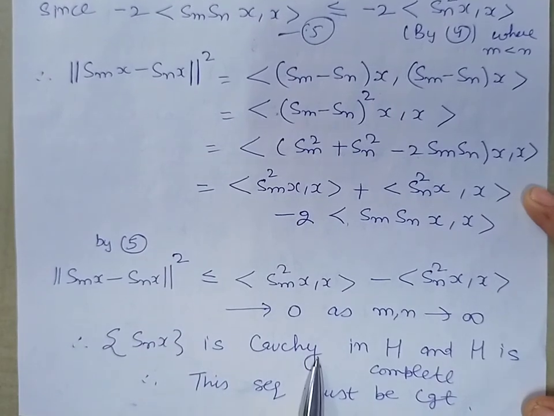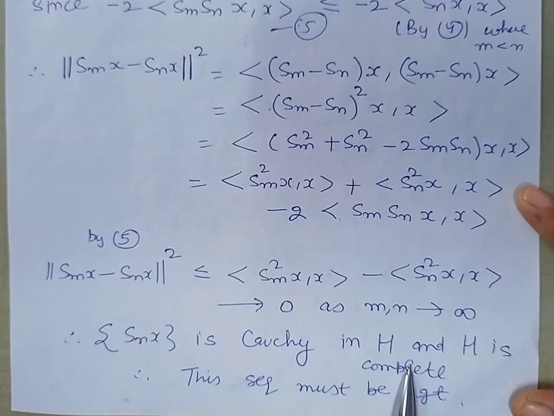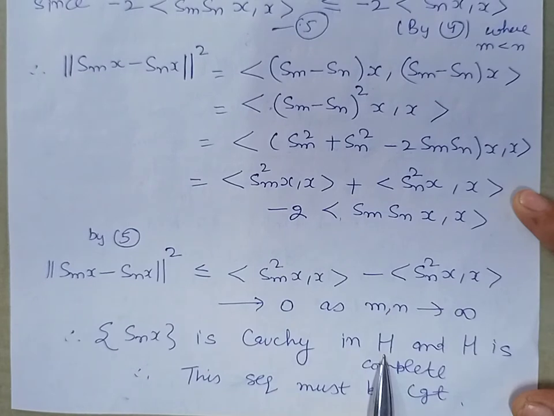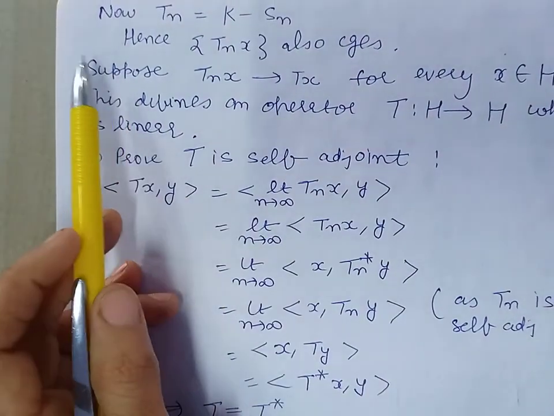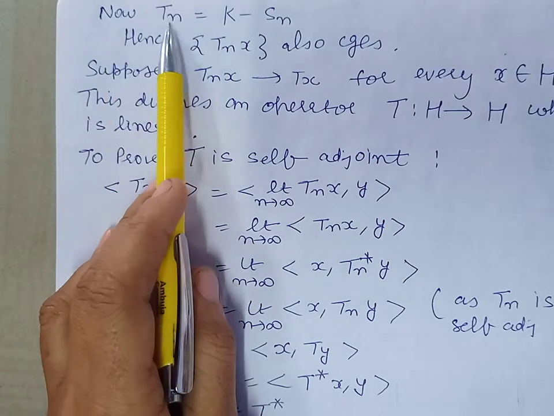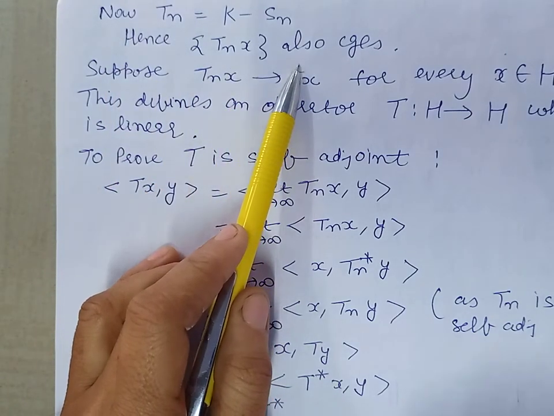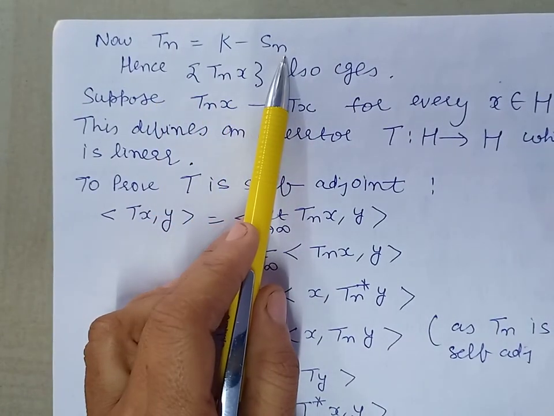Now H is a Hilbert space, so that is a complete normed space, and therefore every Cauchy sequence in H is convergent. So we can say that the sequence Snx is a convergent sequence. So by the convergence of this sequence, we can say that the sequence Tnx is also convergent, because Tn is given by k minus Sn.